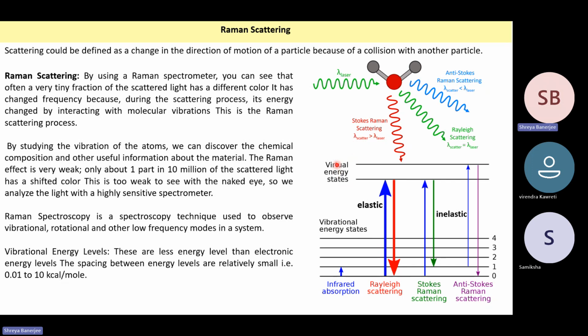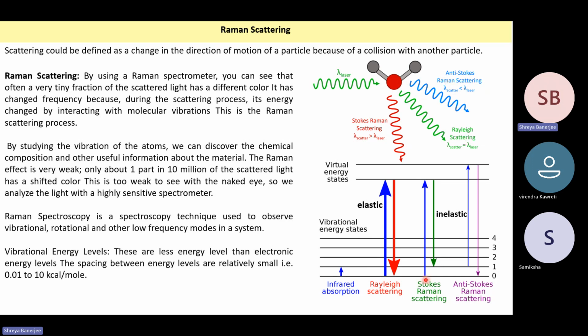That means it is not a transition between two energy levels. The lower energy level belongs to the compound. But the higher energy level is not actually an energy level, because you can imagine it as the wavelength hitting the molecule and getting scattered in different directions.